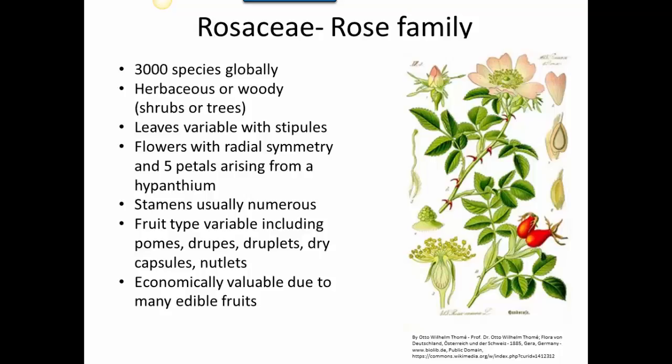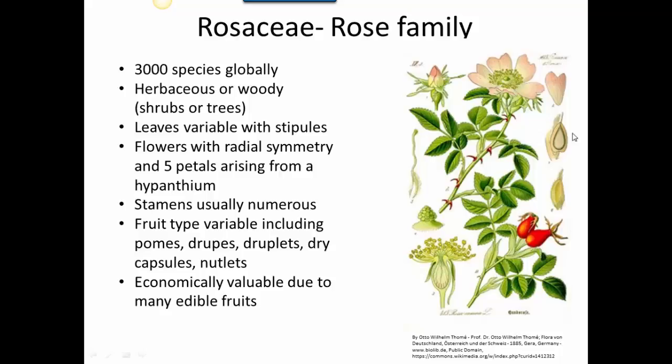Now let's take a look at the rose family, Rosaceae. There are about 3,000 species within this family globally. It includes members that are herbaceous, like strawberries, or woody, like crowleaf mountain mahogany. The leaves are variable.